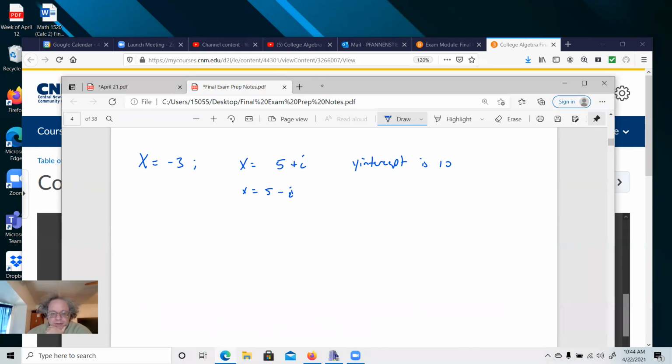So what we're going to do with all of this is we're going to say, well, x was equal to -3, so x plus 3 was a factor. x equals 5 plus i, so x minus (5 plus i) was a factor.